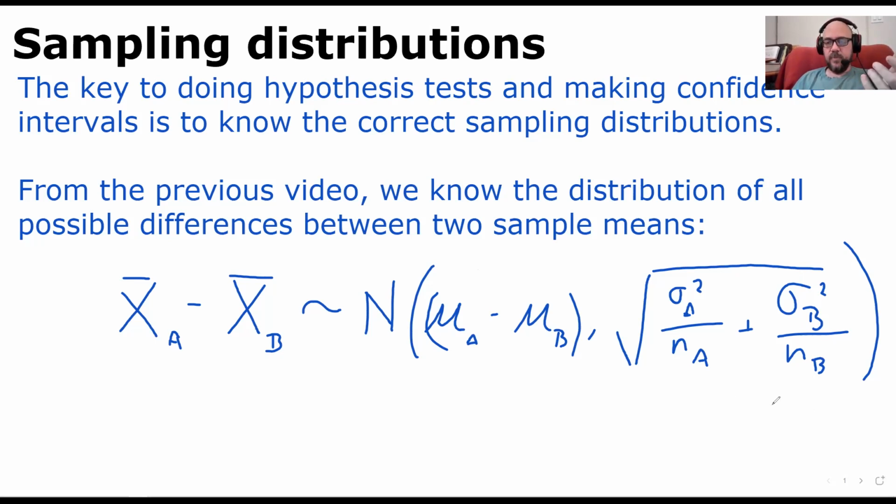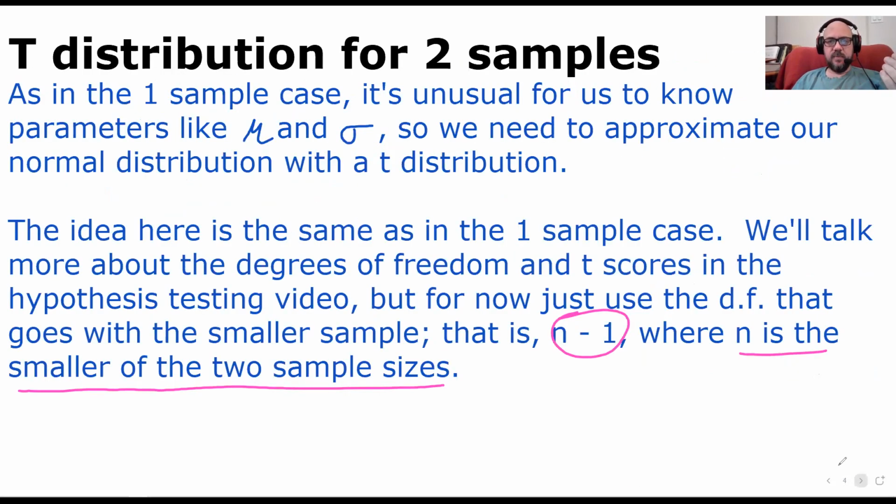Our estimate will be the difference between the sample means, just like when we were making confidence intervals to estimate the mean, we used the sample mean. So what I'm going to be doing here is this. I'm going to have biology minus communications, so X B bar minus X C bar.